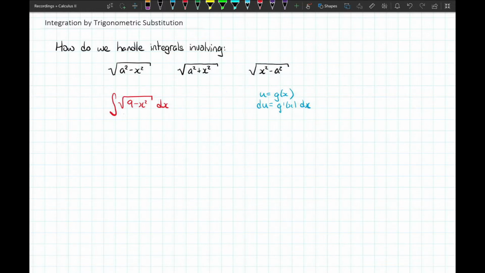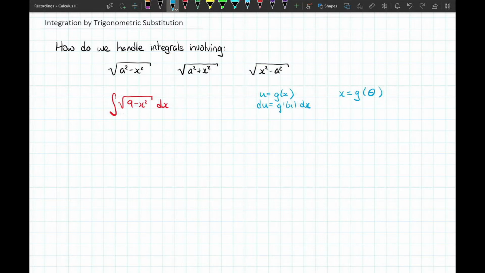So we're going to be doing a different kind of substitution. Instead of u equaling a function of x and taking an expression in our integral and simplifying it down to u, we're going to do something a little backwards here. We're going to do a substitution where we let x equal a function of a new variable. I'm going to let theta be my new variable because we're going to be using a lot of trigonometric functions here.